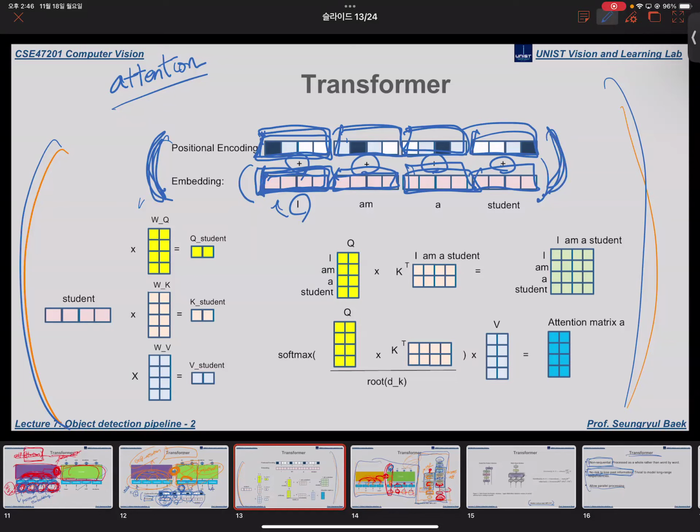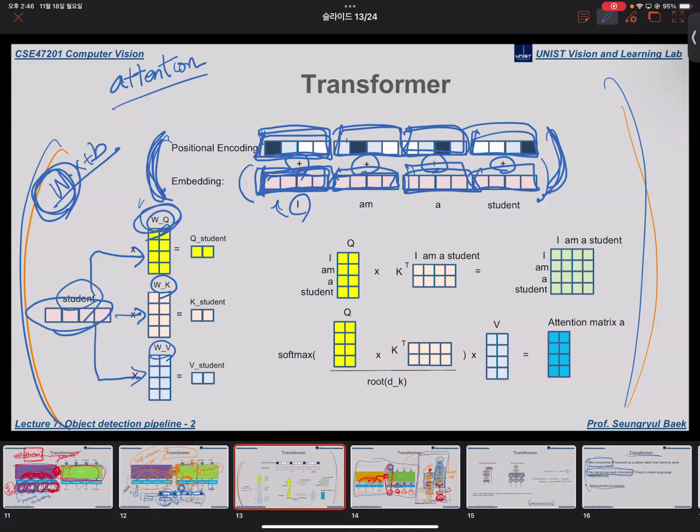And what we do next is, given one word embedding, we will first transform it. You can see this weight, the kind of weight you see in a linear layer. Using this weight, you multiply it with the word embedding and make an encoded feature for that word.